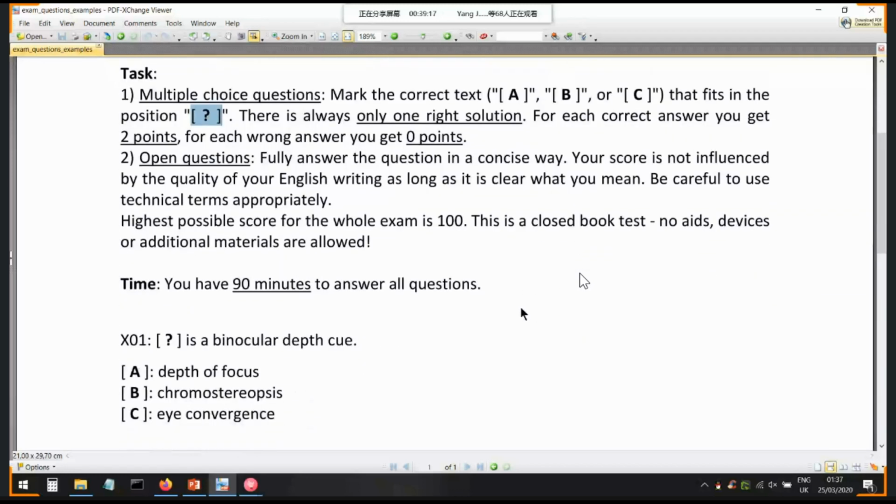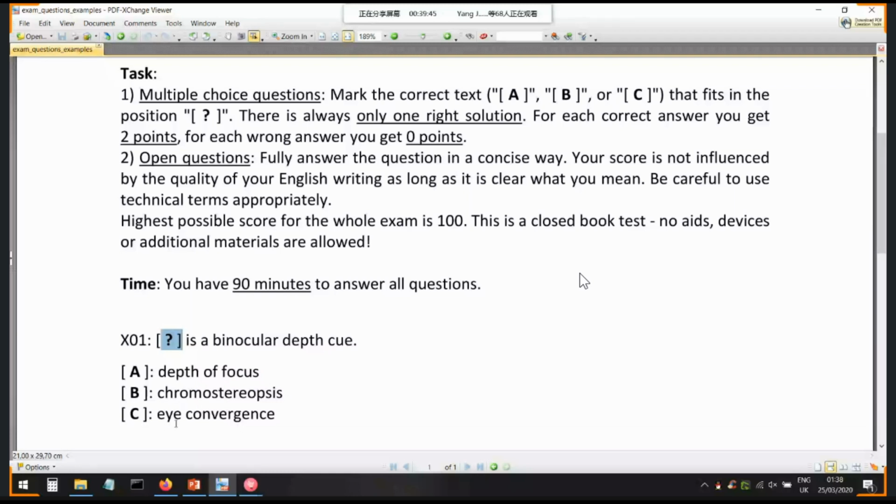Now, here's the first example. Here is a text missing that you should fill in. Something is a binocular depth cue. And then you have three possible answers. A, depth of focus. B, chromostereopsis.